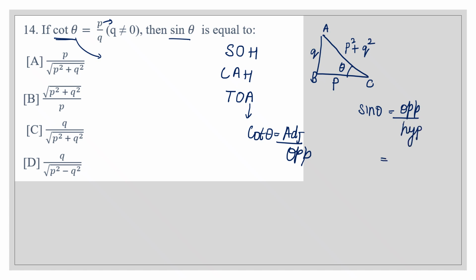So which one is opposite? Opposite is Q. Hypotenuse is P square plus Q square under root. So which one is our final answer? C.